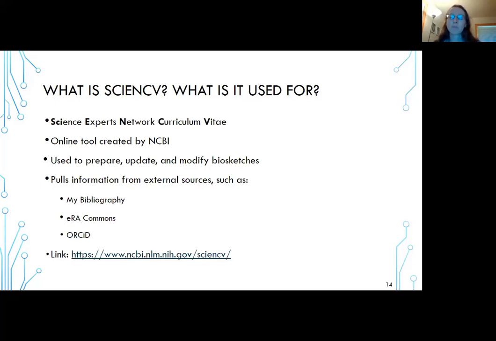You can have multiple biosketches in your SciENcv account. One thing I recommend is to create a starter biosketch in your SciENcv account. Then when you have a specific grant proposal, you can start from an existing biosketch, copy that existing one, and edit accordingly from there.